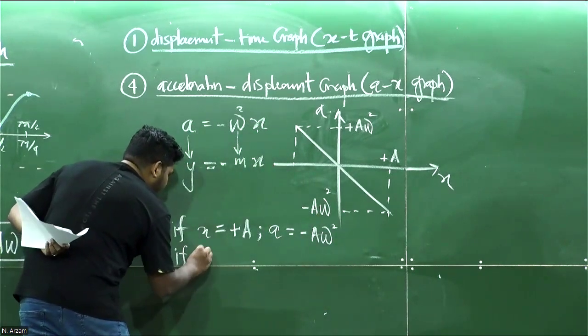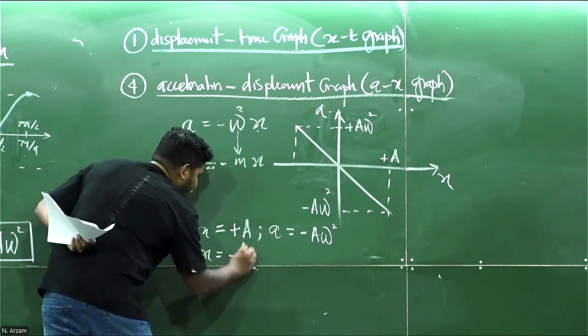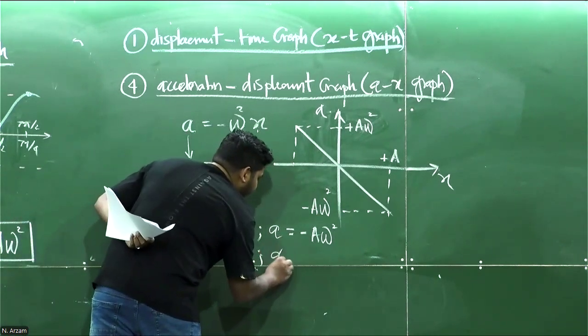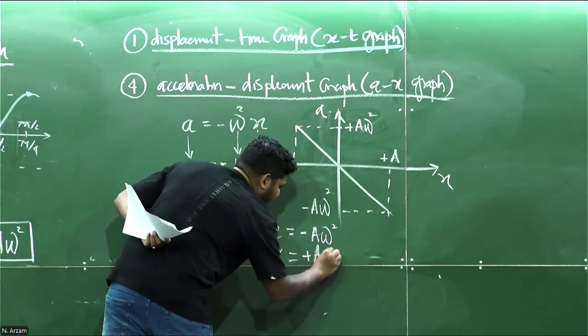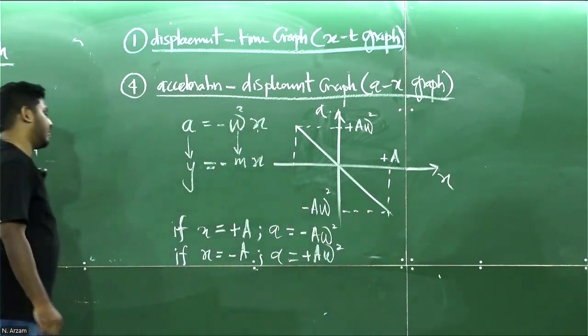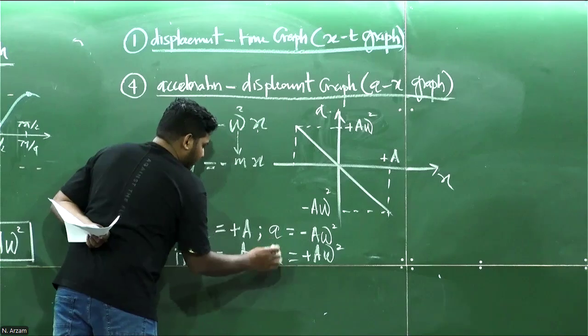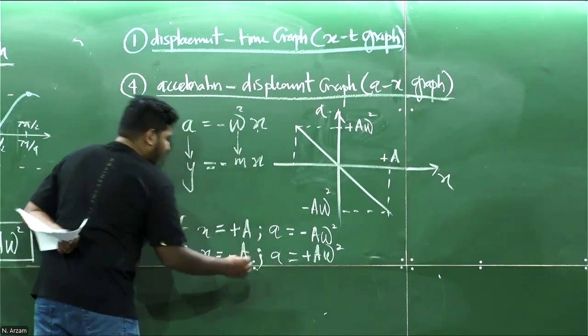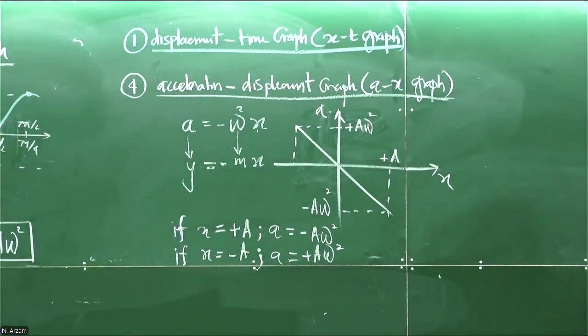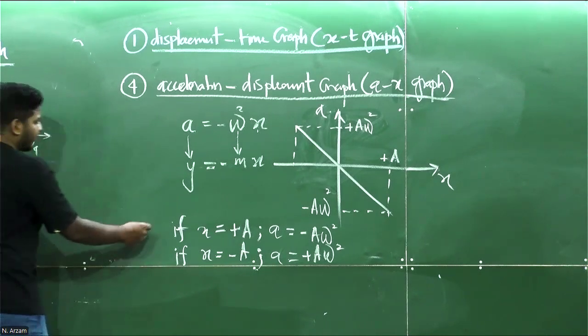If x is equal to minus a, a is equal to plus a omega square. Write this down also. Okay, this one also.